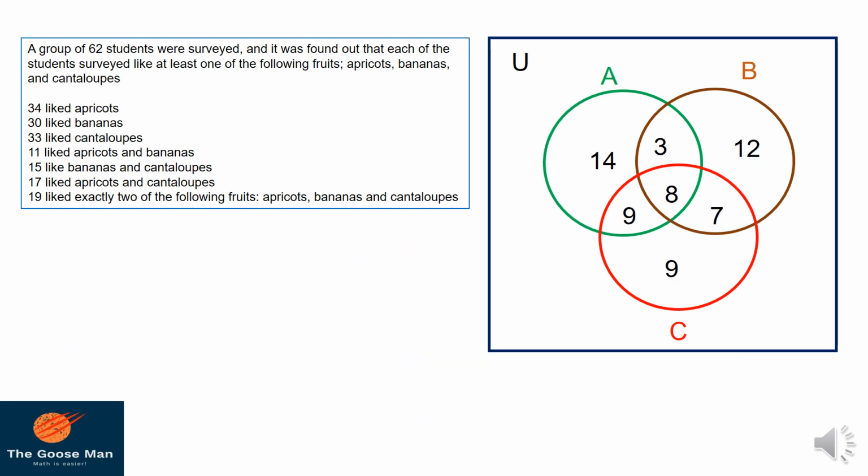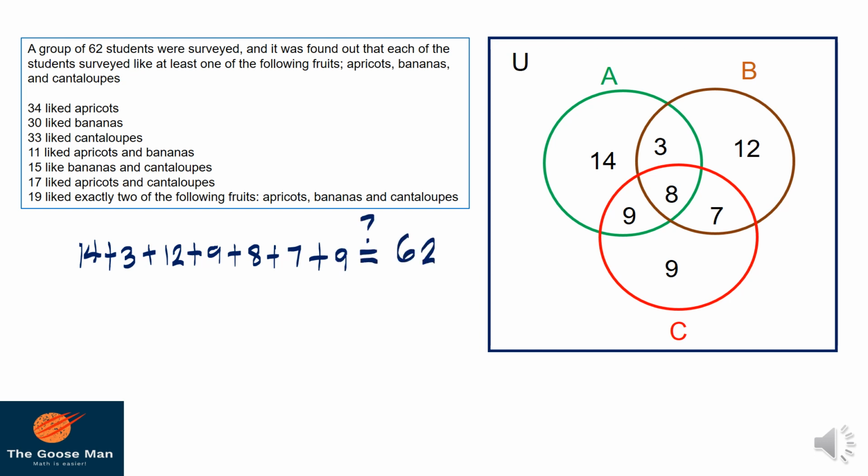To verify whether our answer is correct or not, let's add all the elements inside the universal set. We will add all the elements of A, B, and C respectively, and our answer must be equal to 62. So is 14 plus 3 plus 12 plus 9 plus 8 plus 7 plus 9 equal to 62?